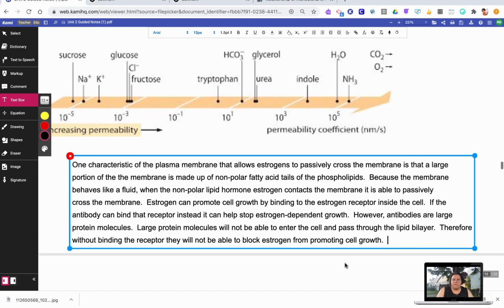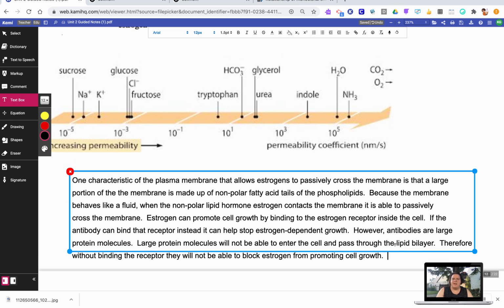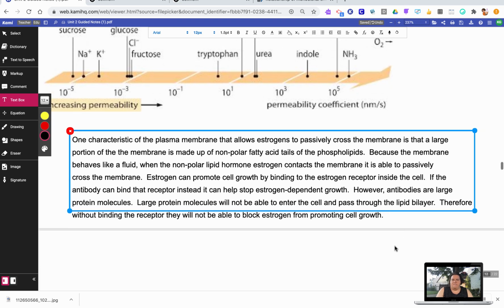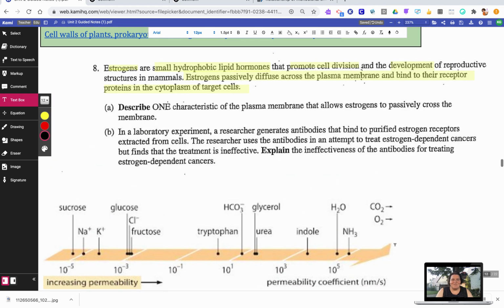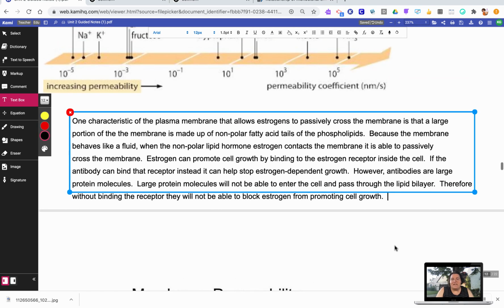Again, you want to write in complete sentences. You want to pretty much just get to the point and answer the question. Make sure you read the question, because you get good information from there. I want you to know that estrogen is a lipid, a smaller lipid molecule that can pass through the membrane.